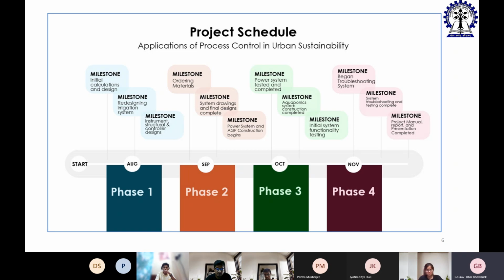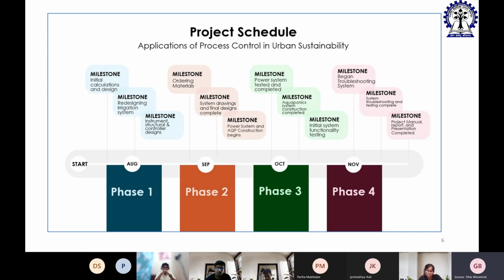So when you do this kind of sustainable process, sustainable urban vertical aquaponic systems, the first milestone will be the initial calculations and the design. Then you redesign the irrigation system, the instrumentation, the structure and the controller design. That should be your phase 1.